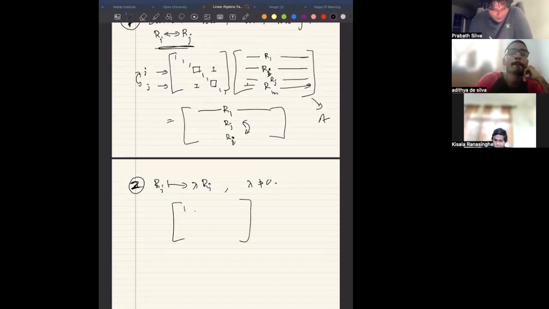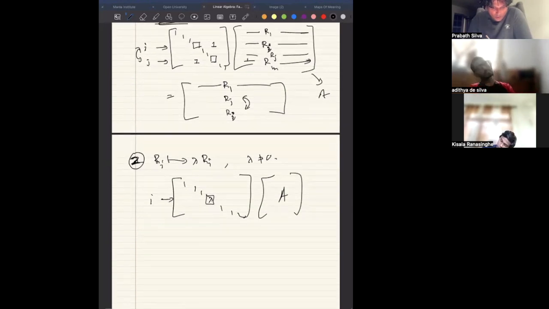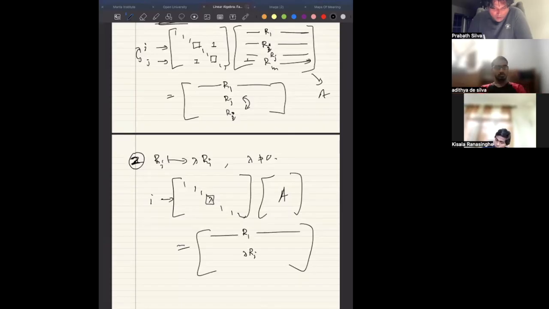We have the ith row here, and instead of 1, you put lambda. When you multiply this with matrix A, the other rows stay the same, but the ith row would be turned into lambda times row i.